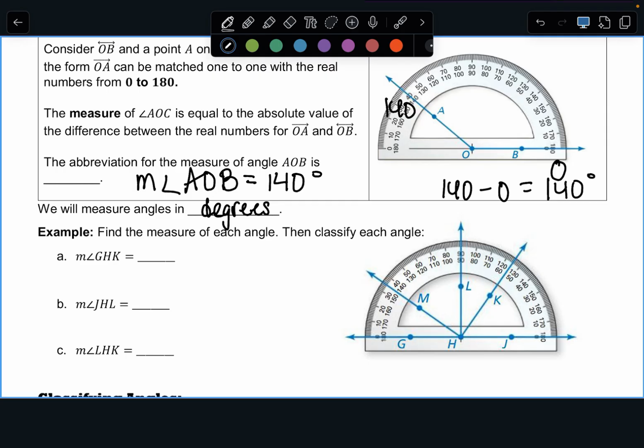Very similar to when we were talking about a segment with the segment on top versus the length of that segment with no segment on top. Same kind of vibe. Instead of getting rid of a segment, we're adding an M once we want to start talking about measure. Okay? There's a little bit of a difference.